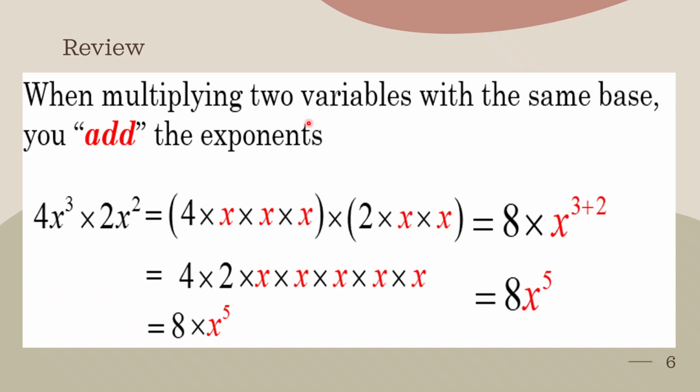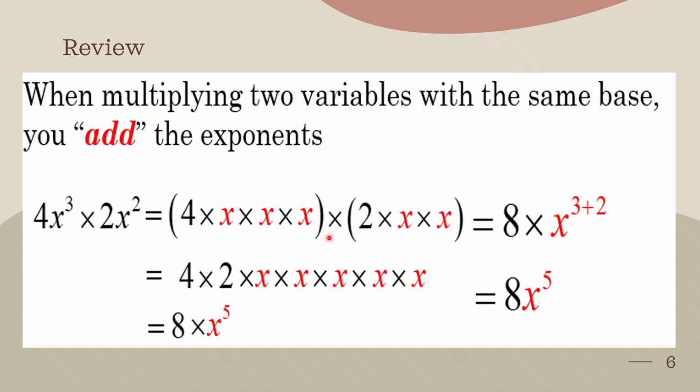Now, when we multiply two variables with the same base, you add the exponents. So like this one, you have 4x cubed times 2x squared. Okay. So we have here 4 times 2, the red represents the number of exponents.